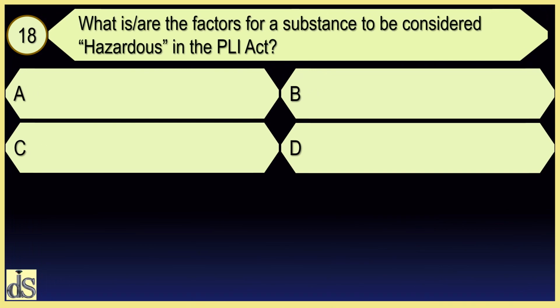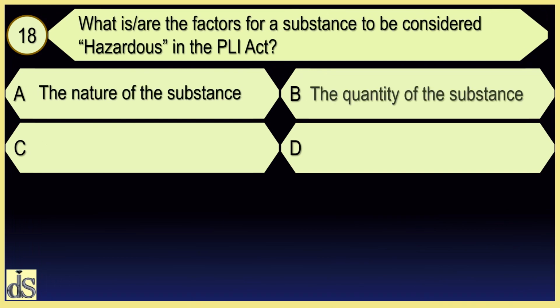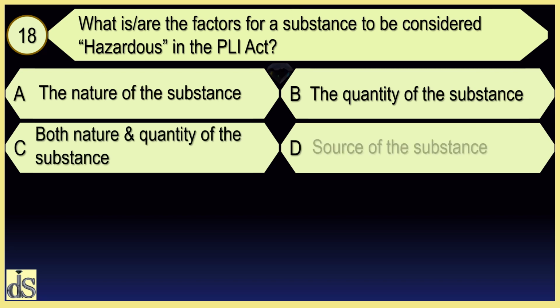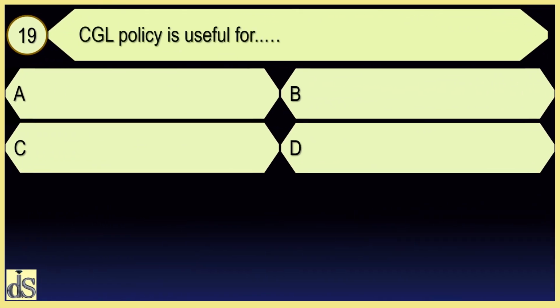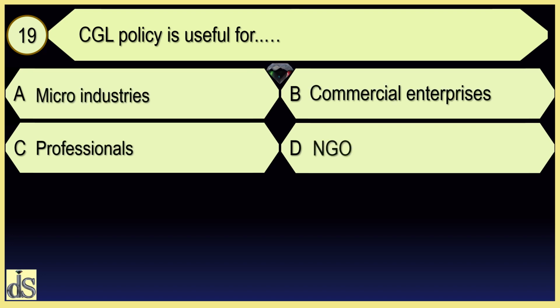What are the factors for a substance to be considered hazardous in the PLI Act? Both nature and quantity of the substance. CGL policy is useful for commercial enterprises.